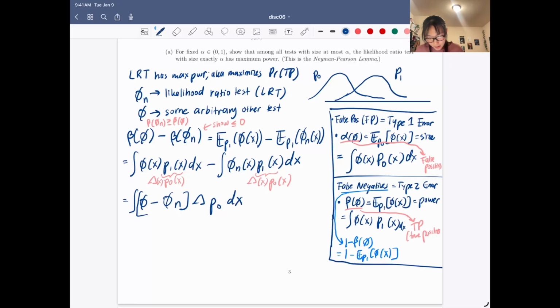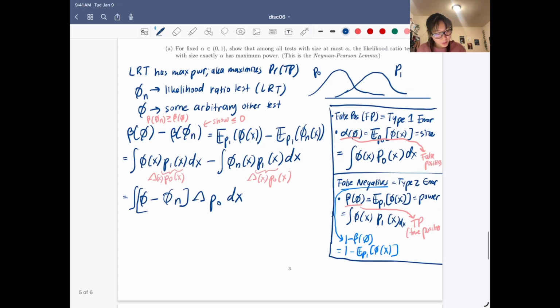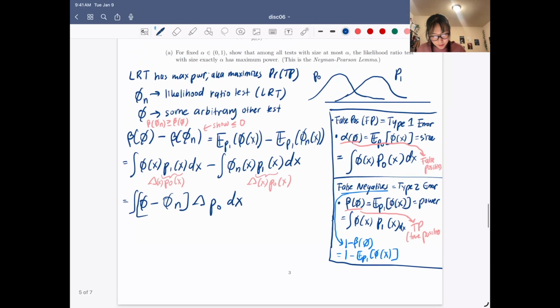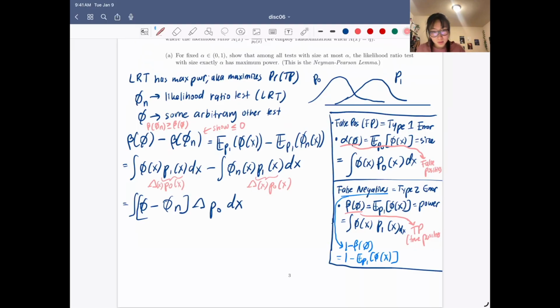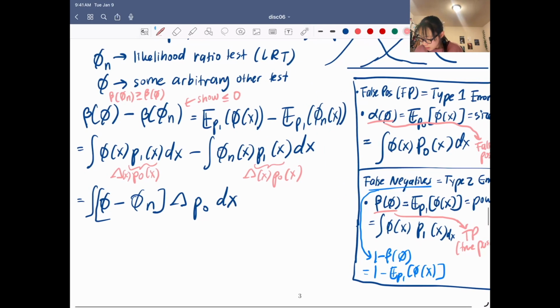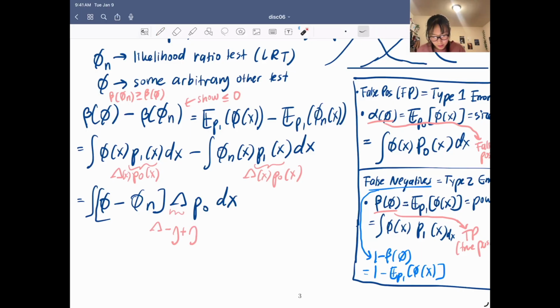And before we simplify that, I'm going to do something else that's very interesting. I'm going to replace this with lambda minus eta plus eta. So this doesn't actually change anything, right? This is equivalent to that.